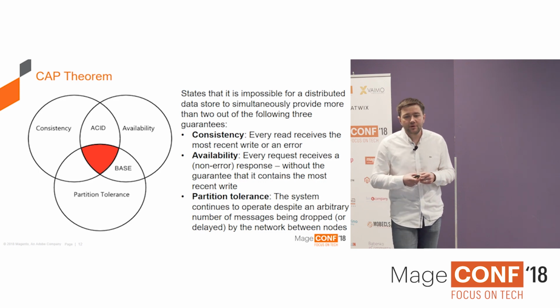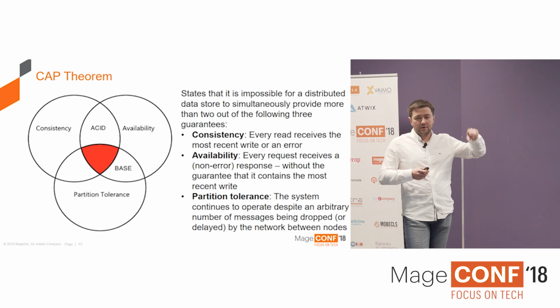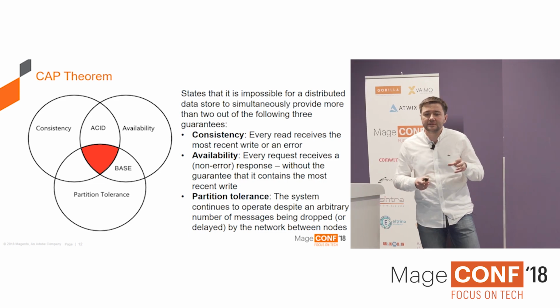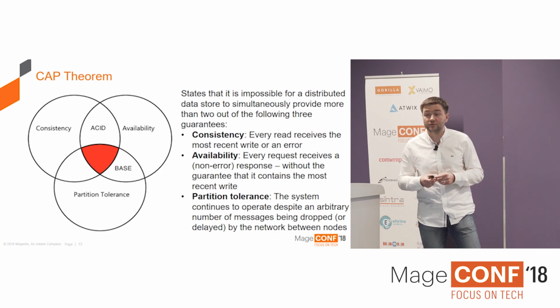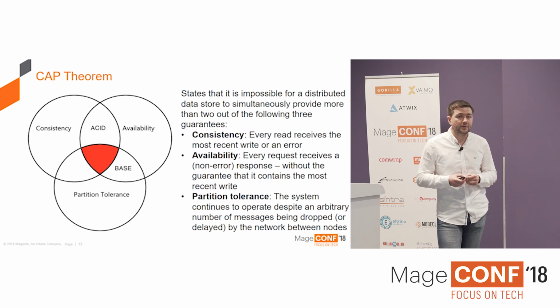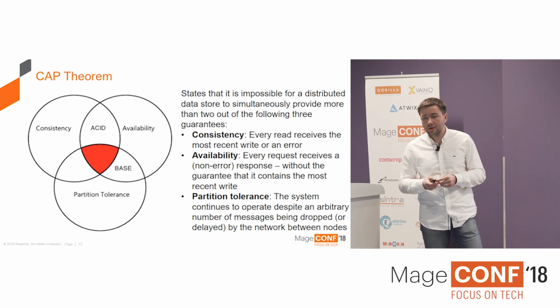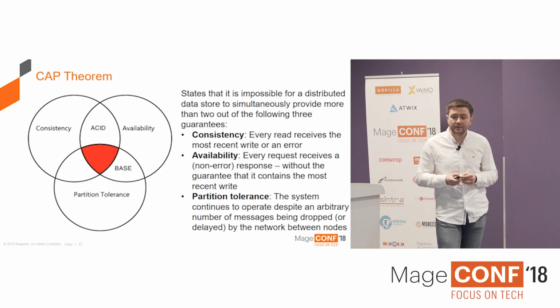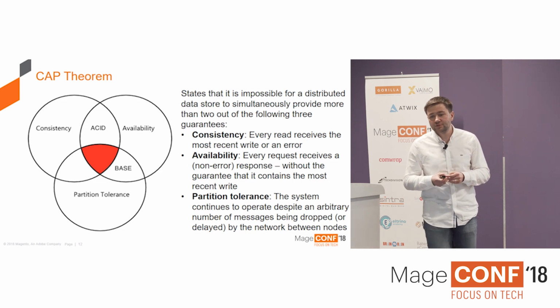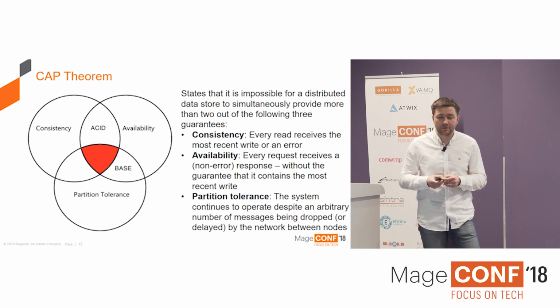The CAP, a shortening of consistency, availability, and partition tolerance, says that you can choose just 2 out of 3 of these characteristics. So you can choose consistency and availability, or you can choose availability and partition tolerance.